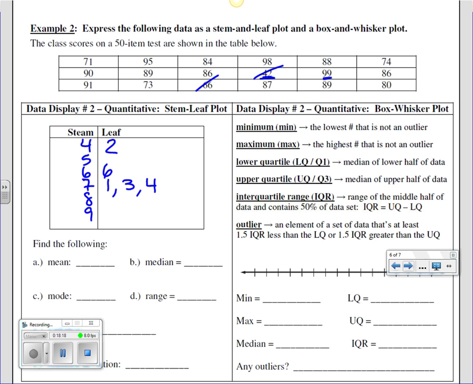All right, what about in the 80s? 80, what do you think I put for that? A 0. 4, good. A 6.